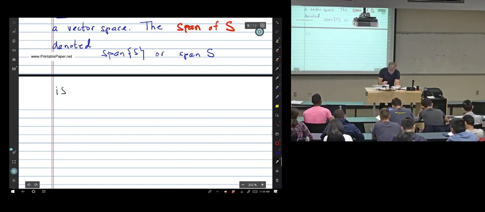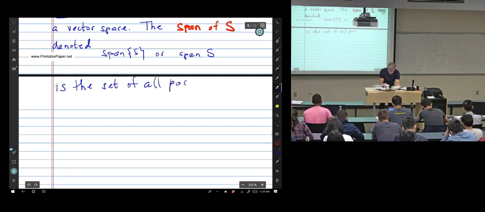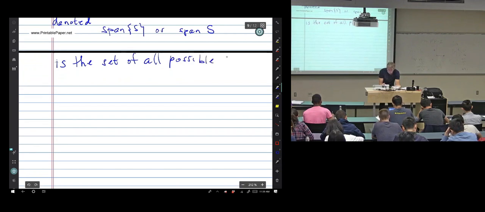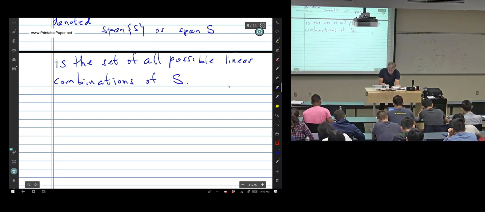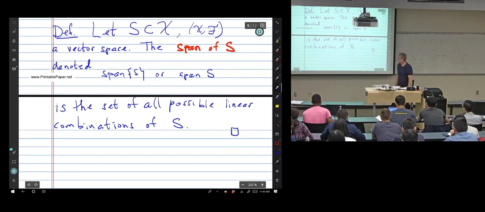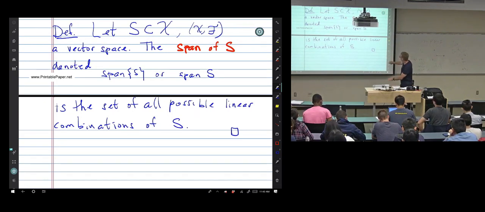is the set of all possible linear combinations of S. Okay, I'm going to write it down, but this is it.